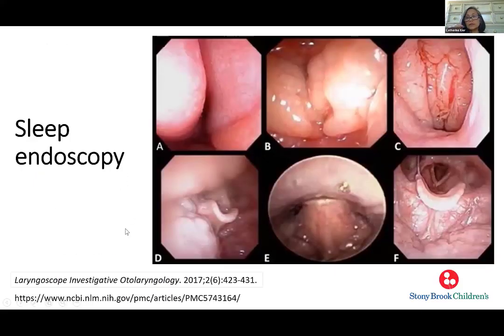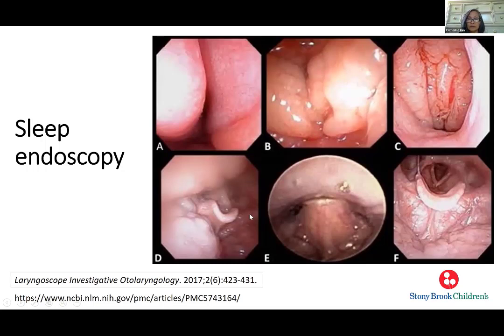Sleep endoscopy really identifies the problem in the upper airway if there is no concern for enlargement of your tonsils and adenoids. Here you have a variety of examples. You have mostly the nasal turbinates that are enlarged, and your adenoids relatively obstructing the airway.